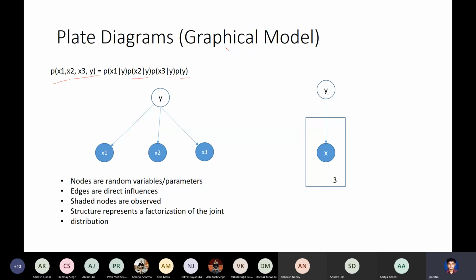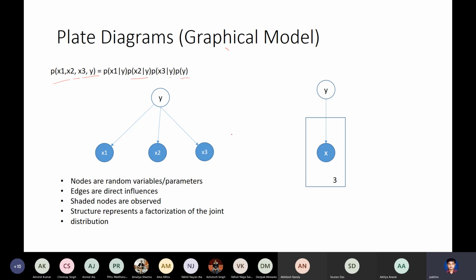Since often there are a large number of random variables in a model, in order to draw a more compact diagram, we do the following. You see that this same structure, y influencing x1, y influencing x2, y influencing x3, is repeated 3 times. So any such repetition is represented in the following way.